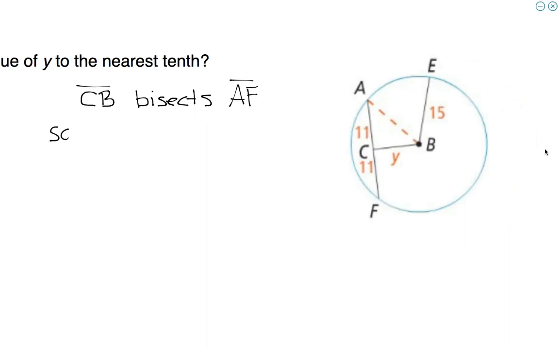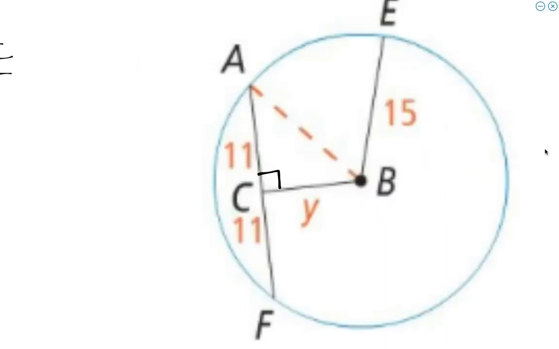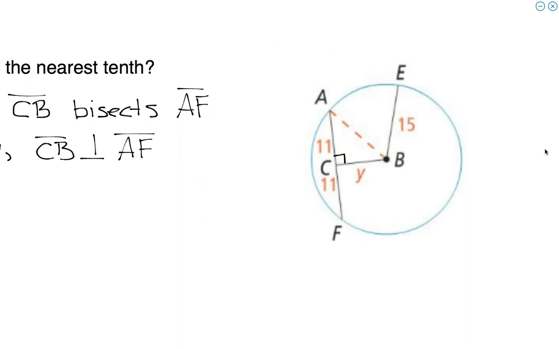So that tells us that CB is perpendicular to AF. So there comes our right triangle.